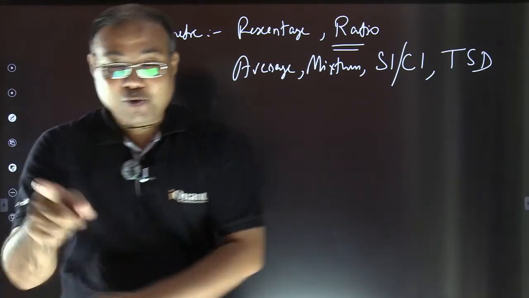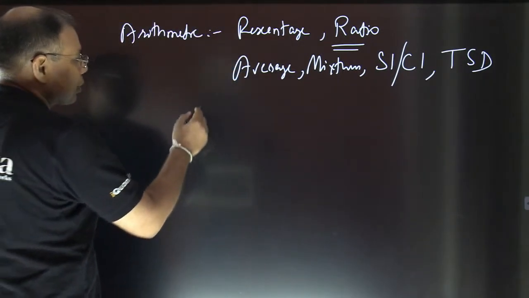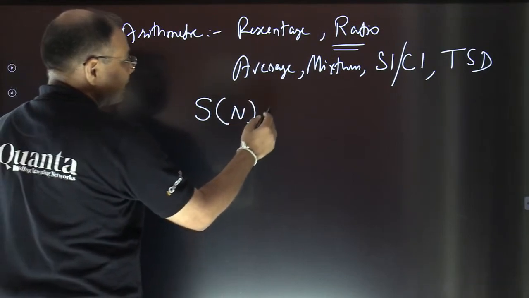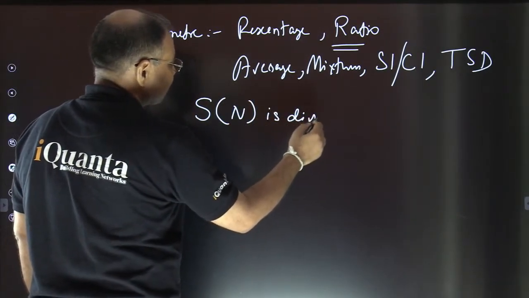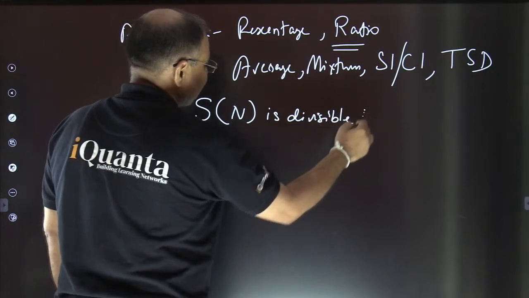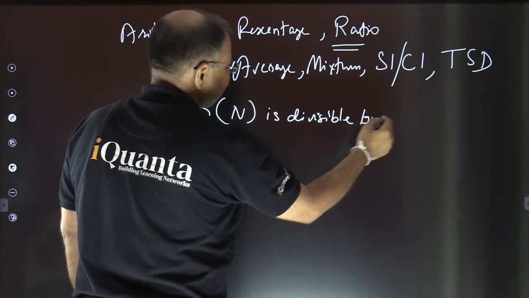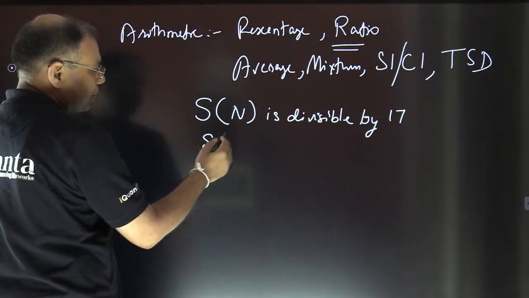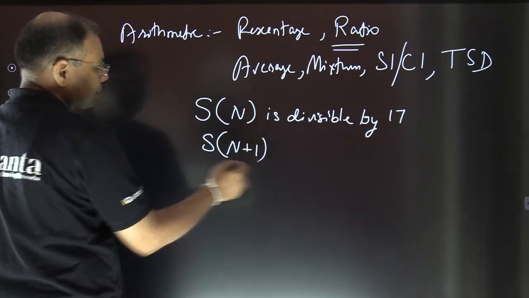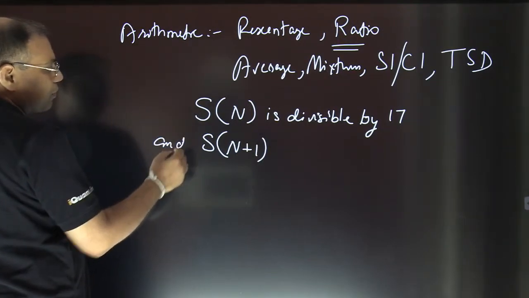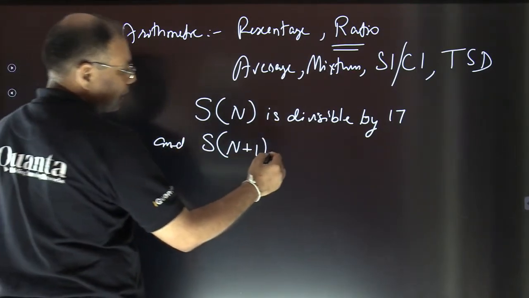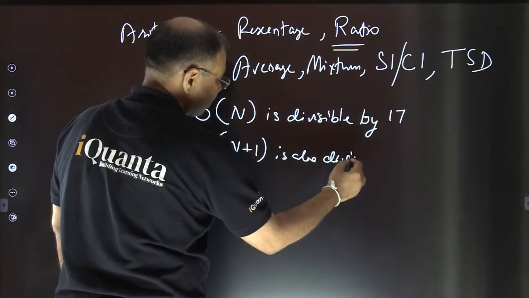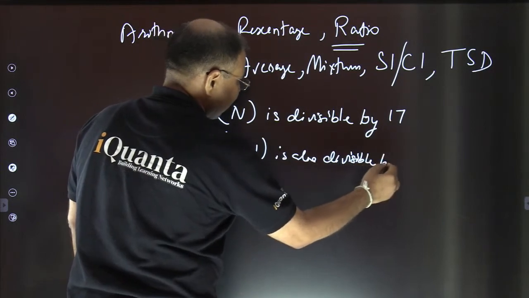Sum of digits. The question was that you have to find the smallest natural number whose sum of digits is divisible by, I think I asked 17 first, and the sum of digits of n plus 1 is also divisible by 17.